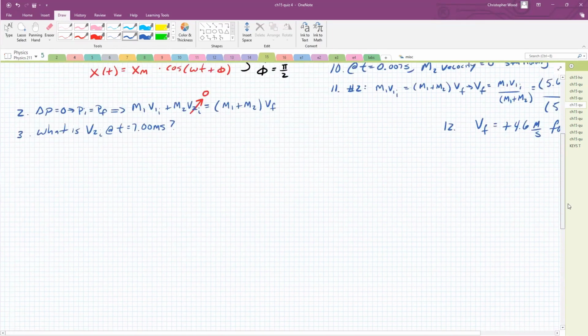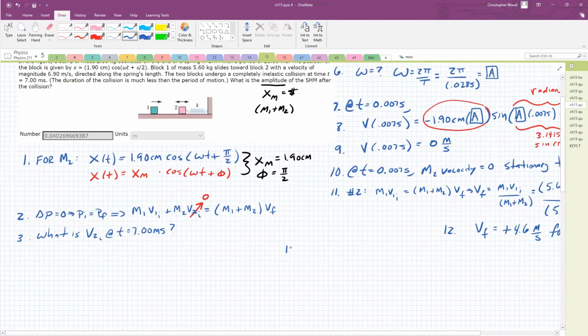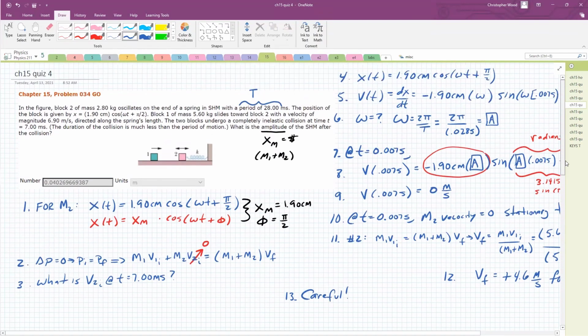Number 13. Careful. Mass 2 is not at equilibrium. It's at its extreme elongation. Mass 2 is actually at its longest stretch possible.